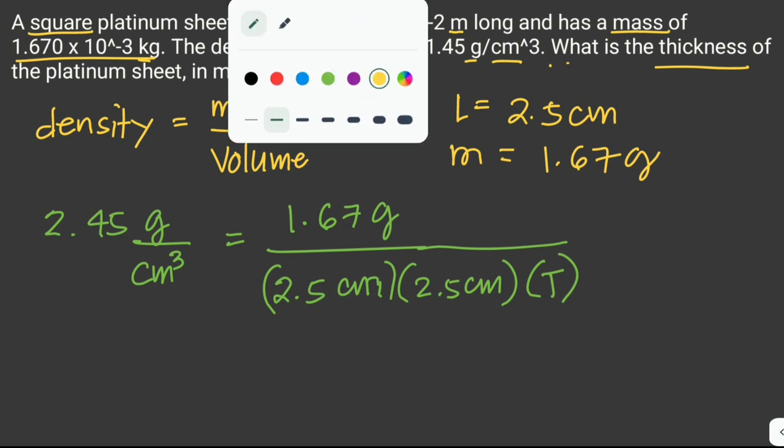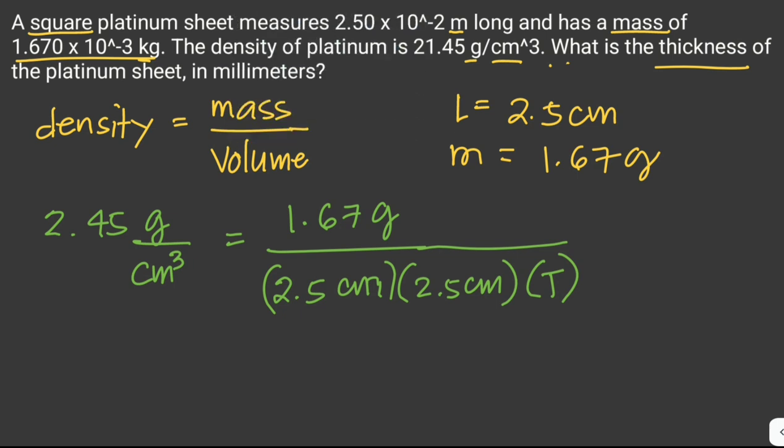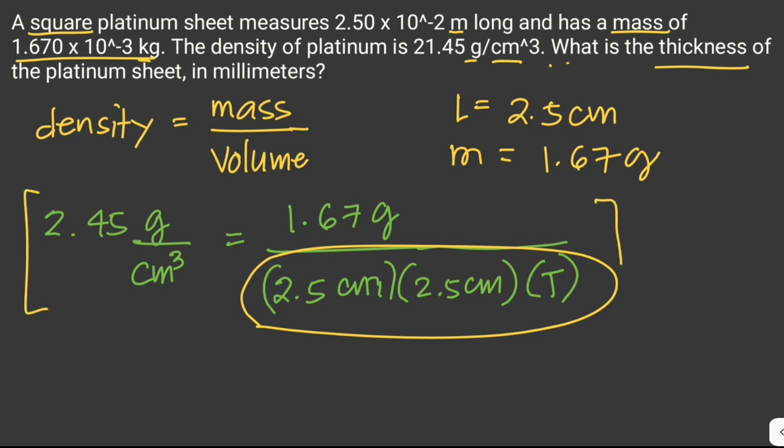Alright, we multiply both sides by 2.5 times 2.5 times t to get rid of this one.